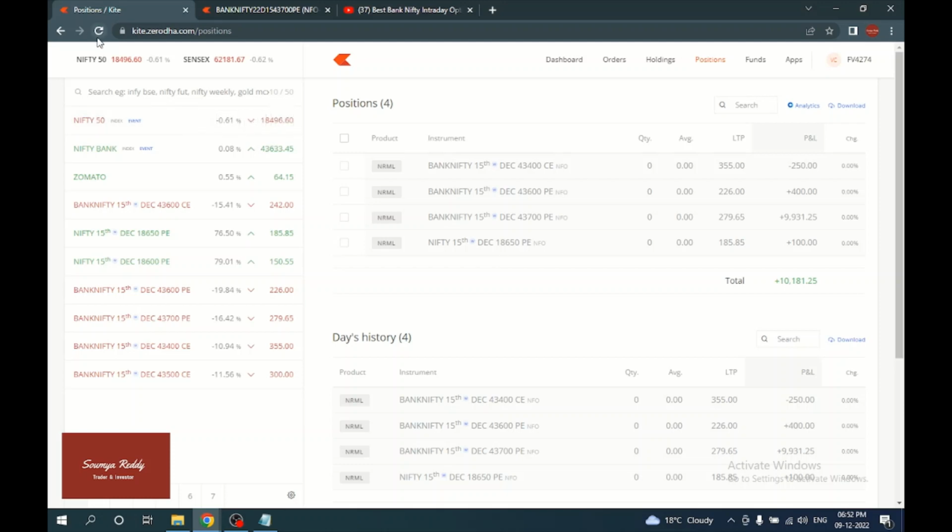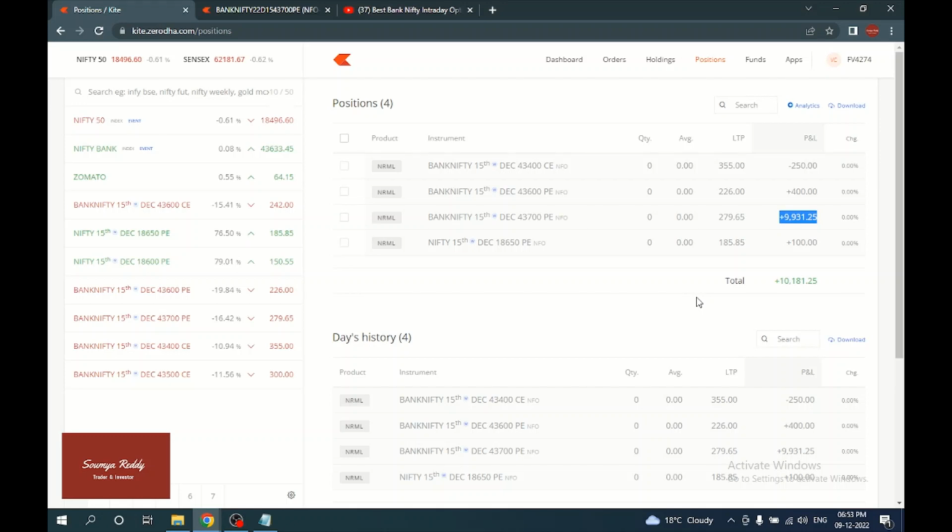I will just refresh. This is my actual Zerodha account. At the last, I tried to take a CE call, I couldn't make it. Here is where I made good profit. How I was able to make 10,000 rupees.